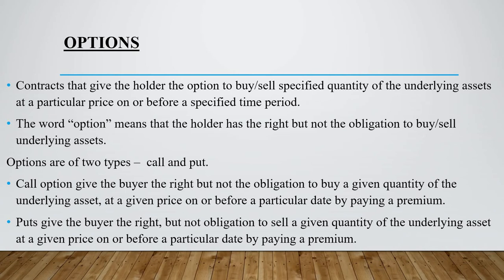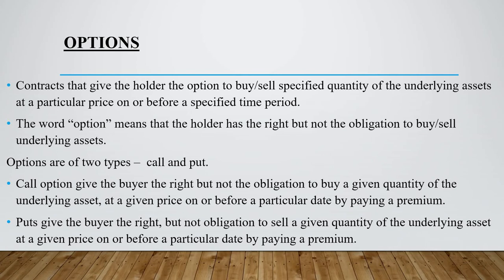There are two types of option: one is call option and another is put option. Call option gives the buyer the right but not the obligation to buy the given quantity of underlying asset at a price on or before the date by paying a premium. यहाँ कॉल ऑप्शन में बायर बाय कर सकते हैं या नहीं भी कर सकते.